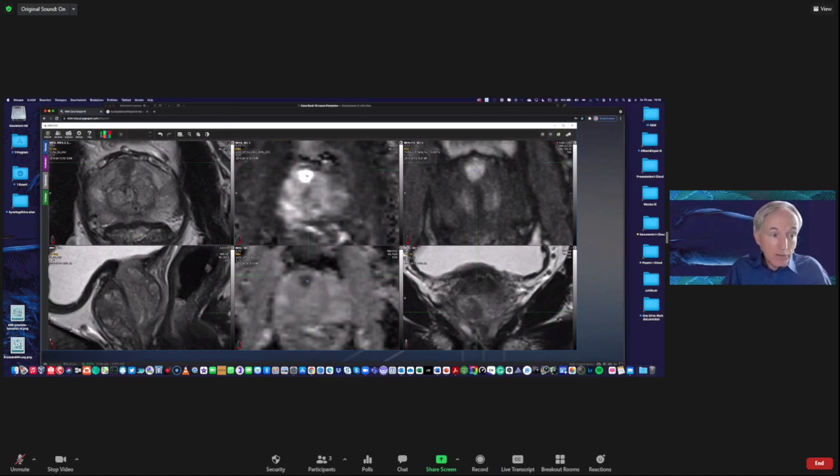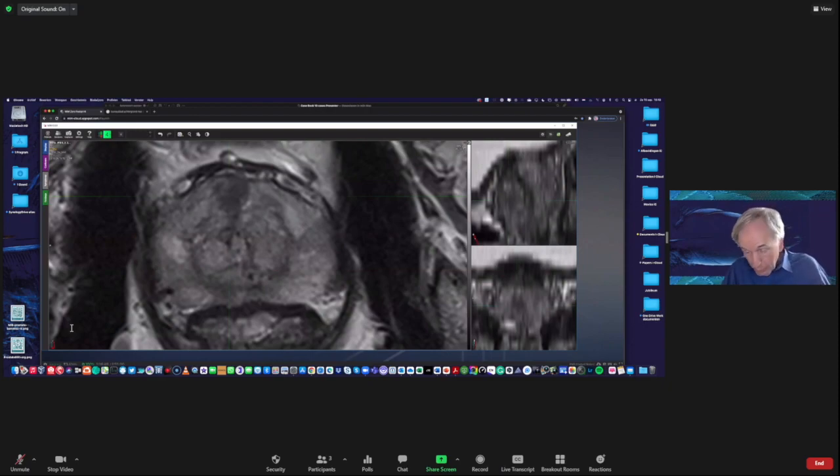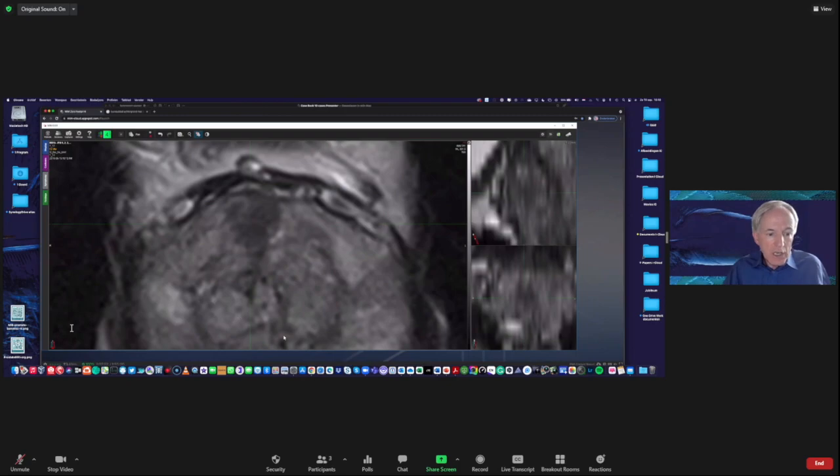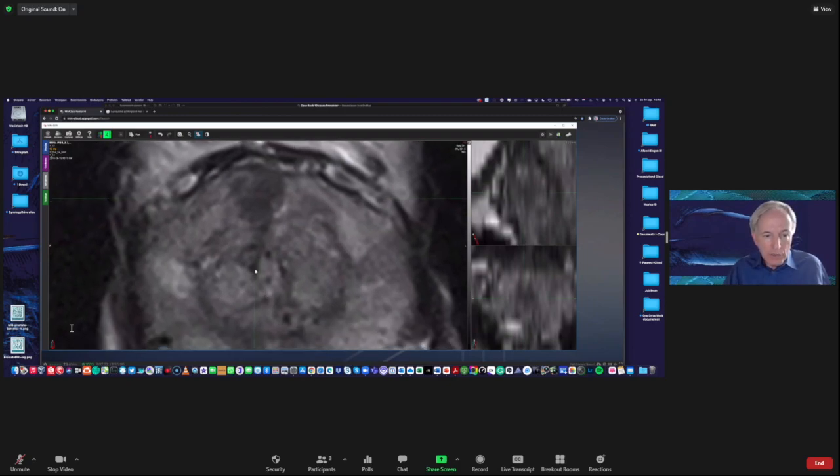And if it's in the transition zone, you should look at the features of the T2. Well, for T2, I have the advice, look with a magnification view, perhaps even more magnified than what I had already. And what you can see here is the organized chaos of the transition zone.